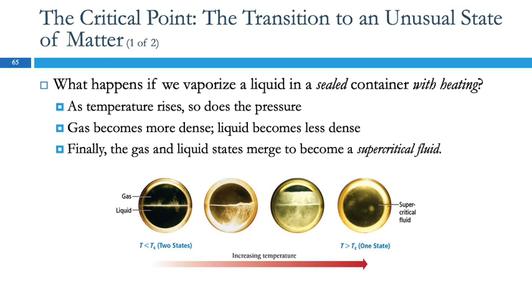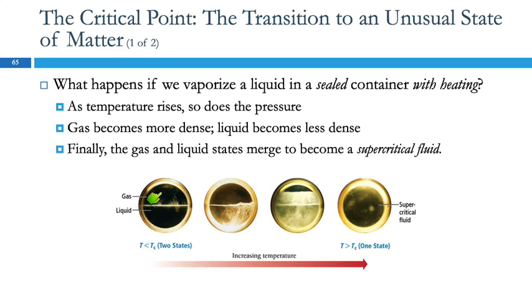What if we take our sealed container and we heat it? As the temperature rises, the pressure is going to rise also, meaning that the gas gets more dense, the liquid becomes less dense, and at some point, they become the same thing. They become a supercritical fluid.